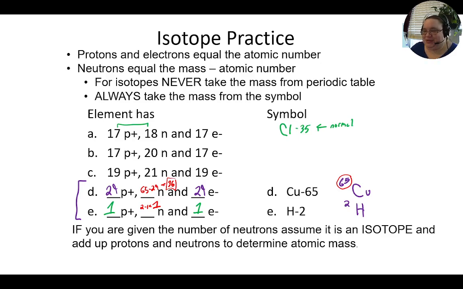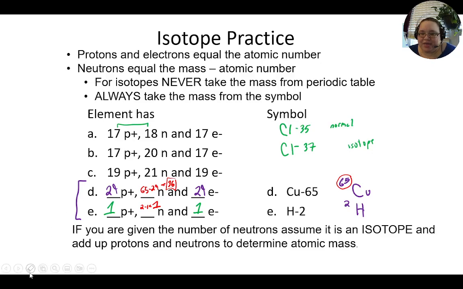Gotta get used to doing mental math again. So for the second one, 17 plus 20, protons plus neutrons tells me that this chlorine is an isotope. It is isotope 37. It has a different mass because it has a different number of neutrons.